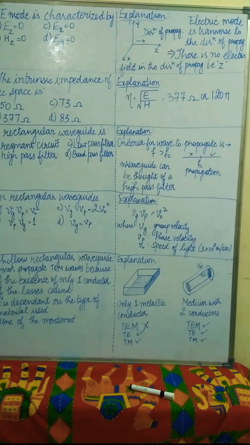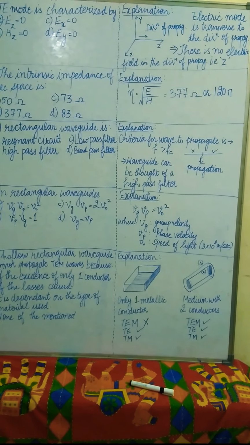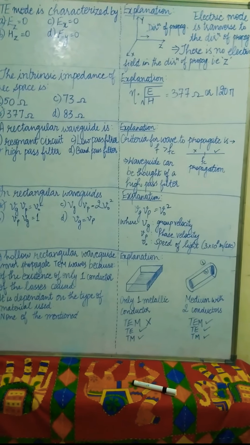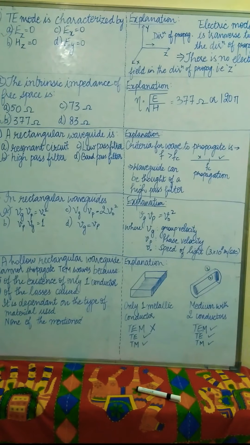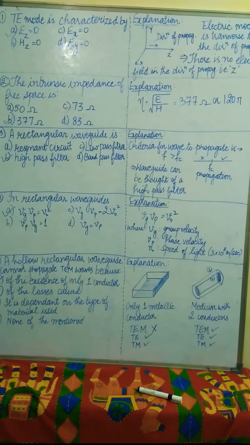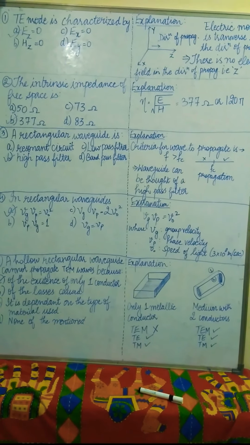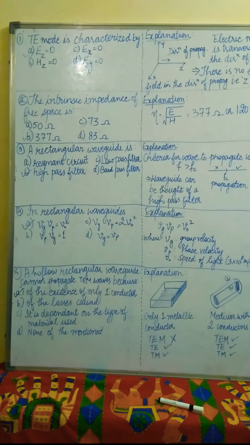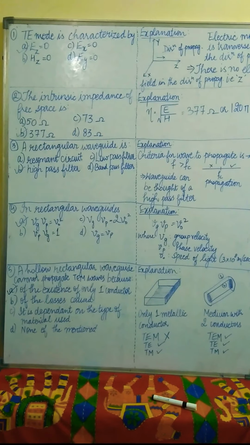Whereas in a medium having two conductors, which I have marked as number 1 and number 2, that is why it is called coaxial, all three modes are possible: TEM, transverse electromagnetic, transverse electric, as well as transverse magnetic mode. So the correct option is option A.